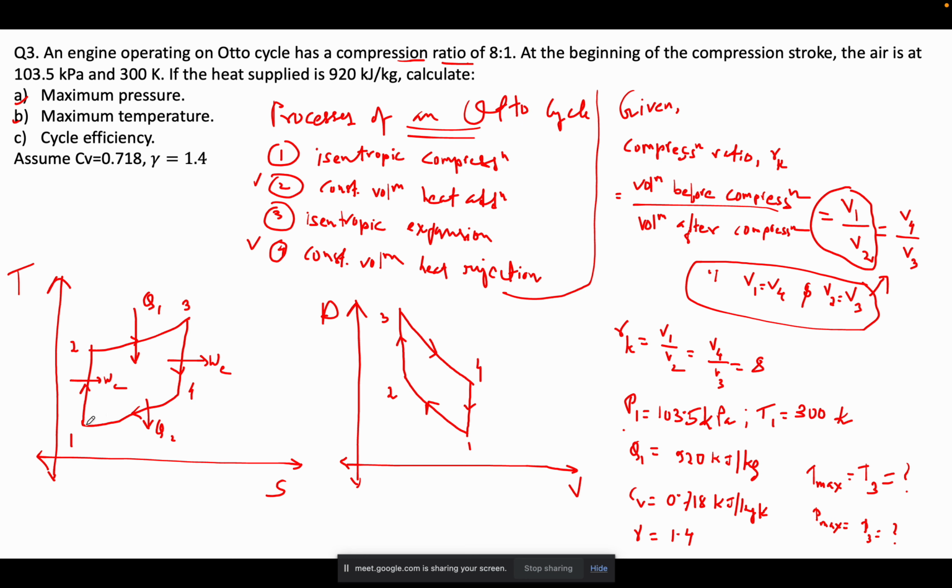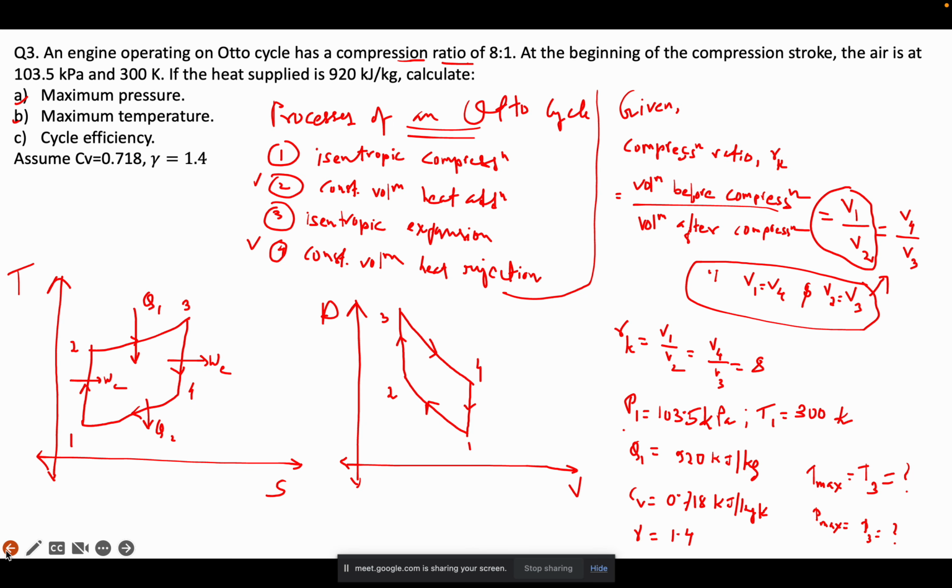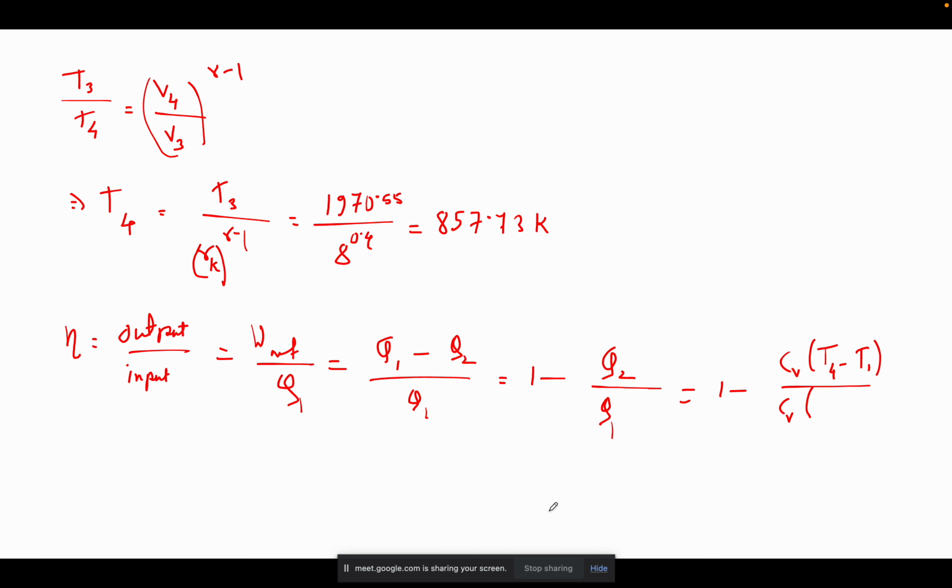Q2 is basically the heat released in the process from 4 to 1, and which is also a constant volume process, so that is CV times T4 minus T1. Okay, and Q1 we already know, but we can also write it as CV times T3 minus T2. Now this CV will get cancelled and we will just put the temperature values.